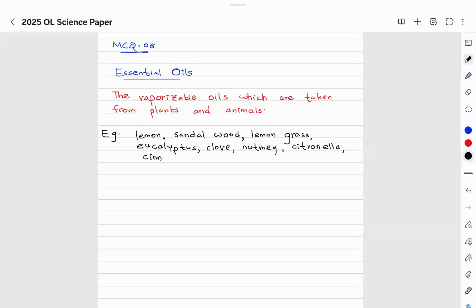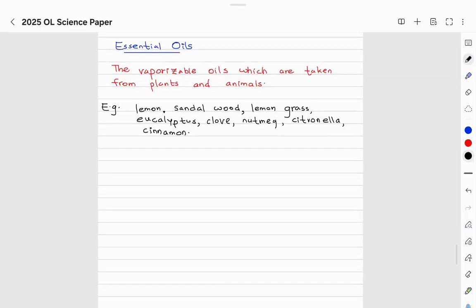So these are the essential oils examples. Actually, cinnamon is taken from the cinnamon tree bark. Bark of the cinnamon tree can be used to take the cinnamon oil. Right? Cinnamon oil means kurudu tel.